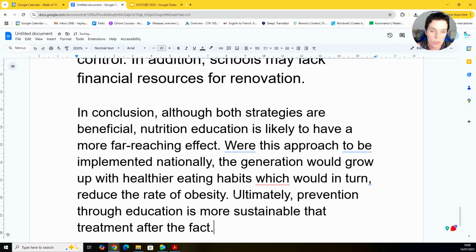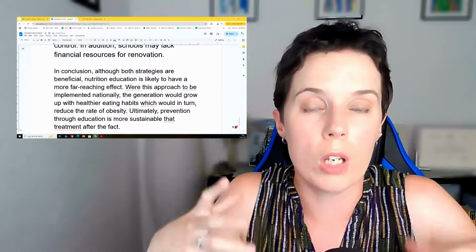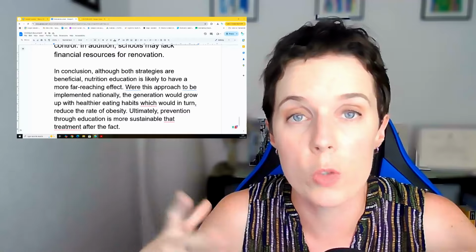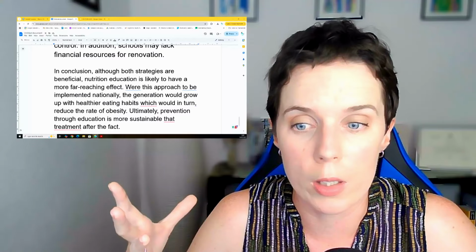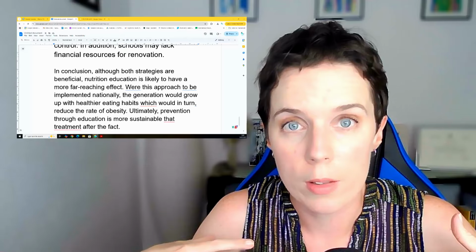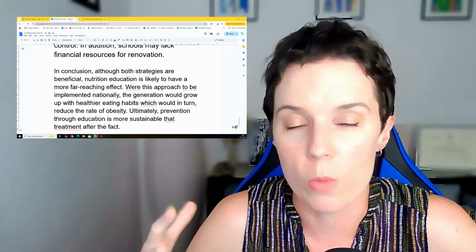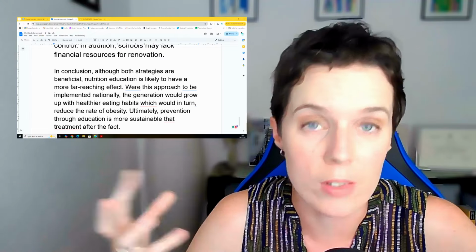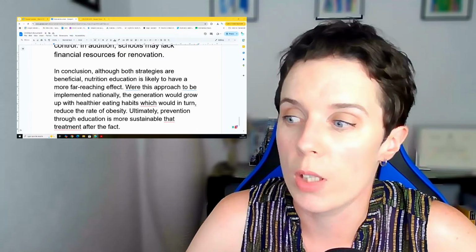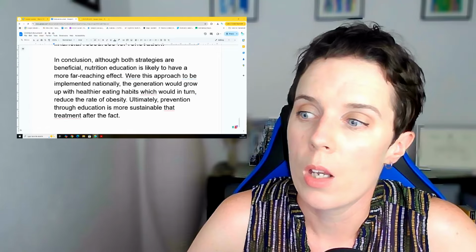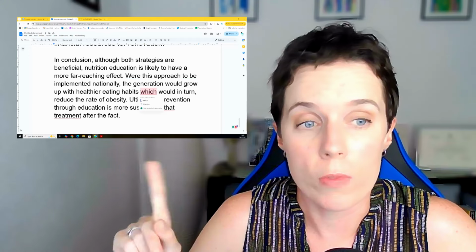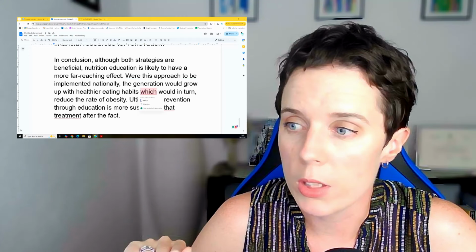So instead of giving school facilities, sports facilities so that you can try and lose weight, it's better to just not put the weight on at the start, right? So it's better to educate first and prevent rather than try to do something afterwards. So again, apologies if you can hear a dog outside, it's driving me insane.